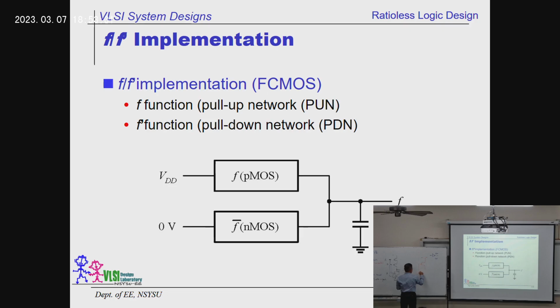This is a regular inverter, which has double the size of W for the P devices and a single size of W. That is apparently the size required to have balanced rising and falling edges.